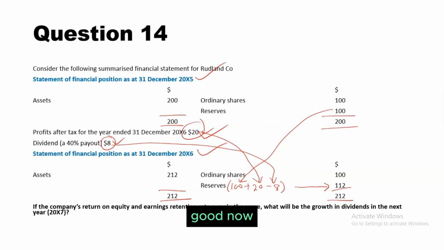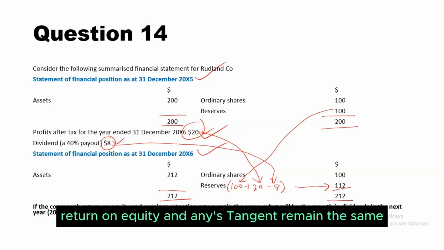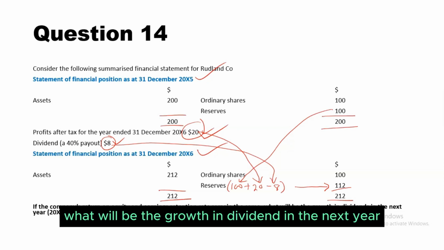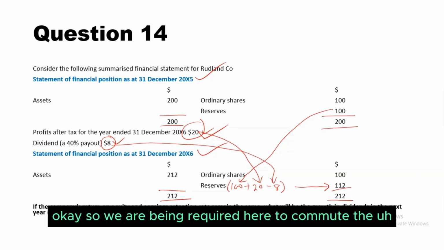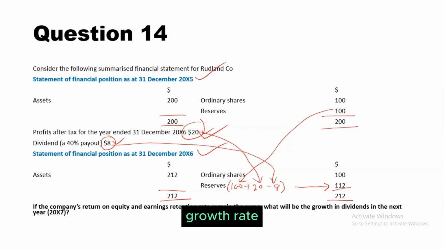Now, if the company's return on equity and earnings retention remain the same, what will be the growth in dividends in the next year? We are being required here to compute the growth rate.